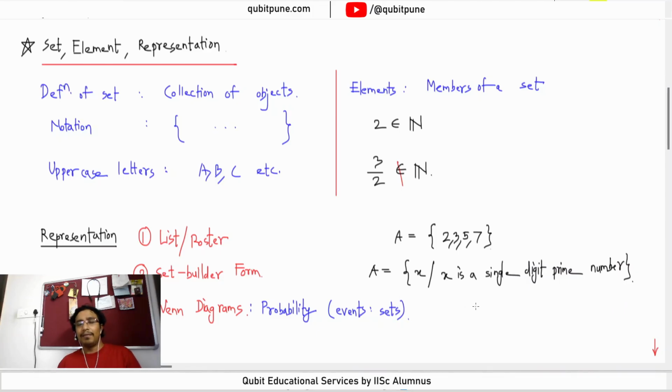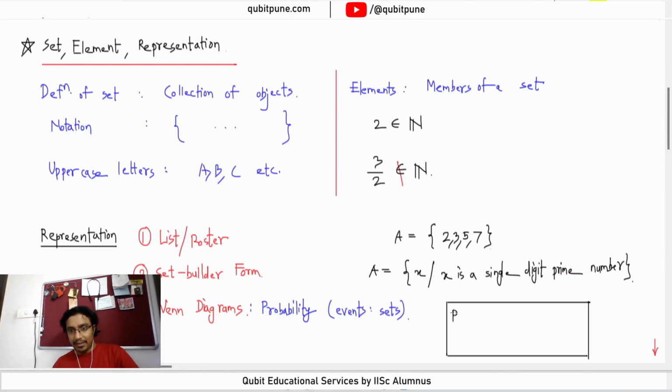Quite often the set builder form is more useful, especially when we want to represent a set which has infinitely many elements in it. And how can we represent it using a Venn diagram? A Venn diagram always wants us to have what we call a universal set. So if I reconsider this to be the set of natural numbers, it could very well be the set of prime numbers for that matter.